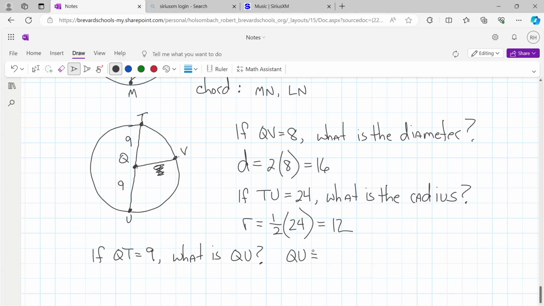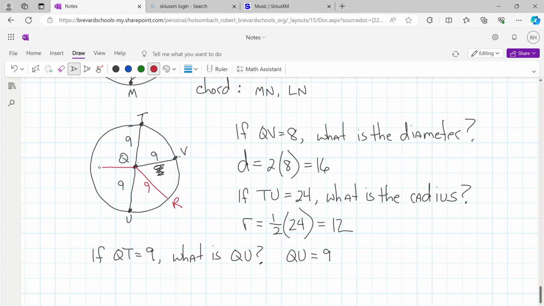Good. 9. How far is it from Q to V? It's 9. All right. The radius is always the same. Once you establish a distance or a length from the center of the circle to the edge of the circle, no matter where you draw it, it's the same. We go from Q to R. It's 9.